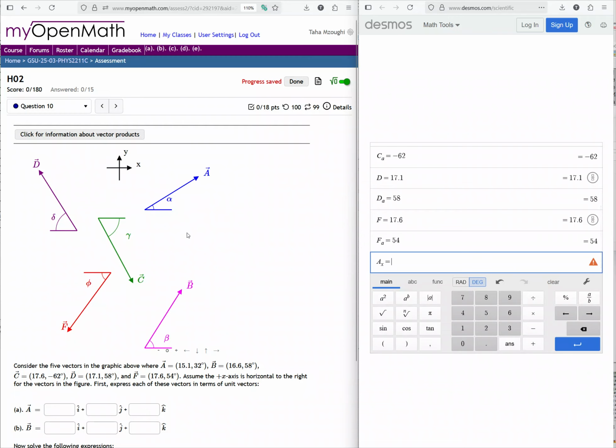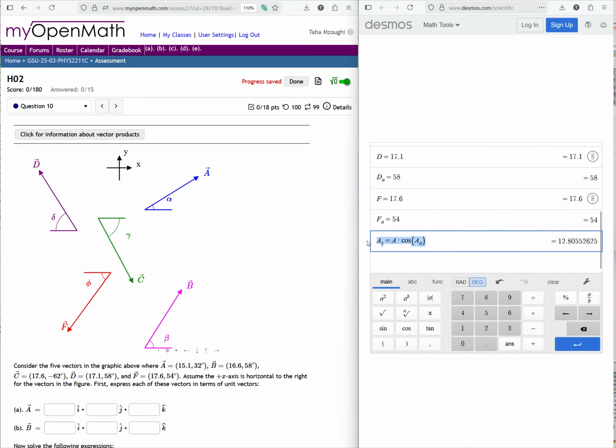So A sub X is going to be just A times cosine of A underscore A, and that's it, 12.8. And then A sub Y, I can change this to sub Y, and I can change this to sine. So I just copy and paste and put the information there.